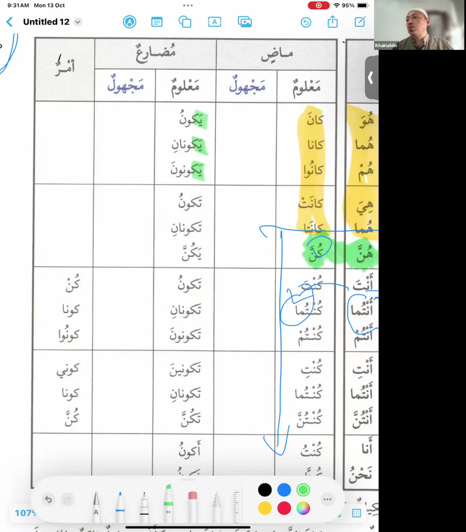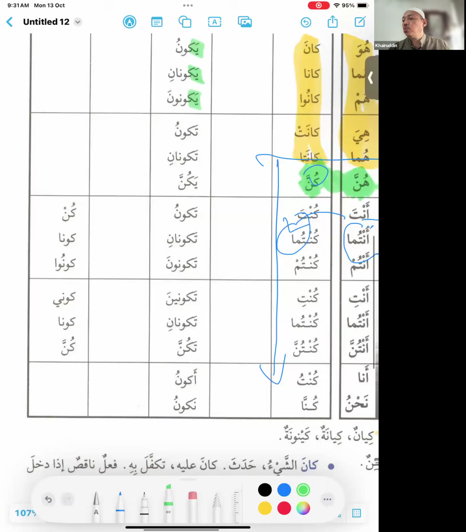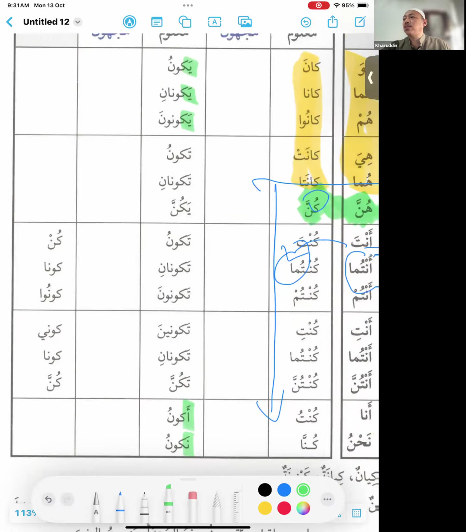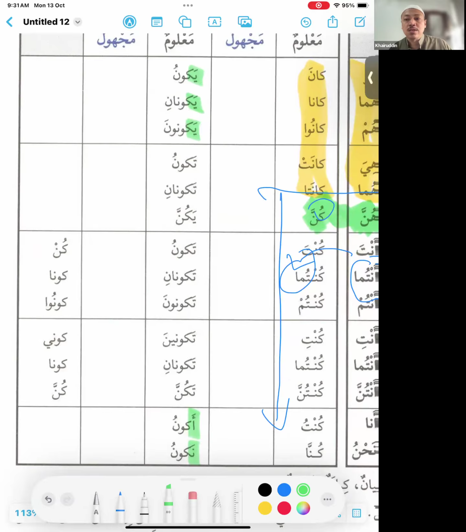Okay, so it would be ana, and I already mentioned that the alif and the nun relate to only two, which are ana and nahnu. So alif or hamza for ana, and nun for nahnu.